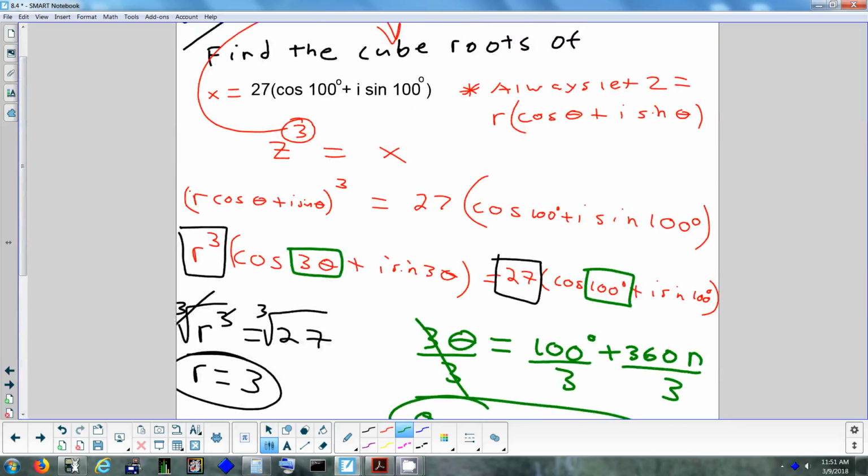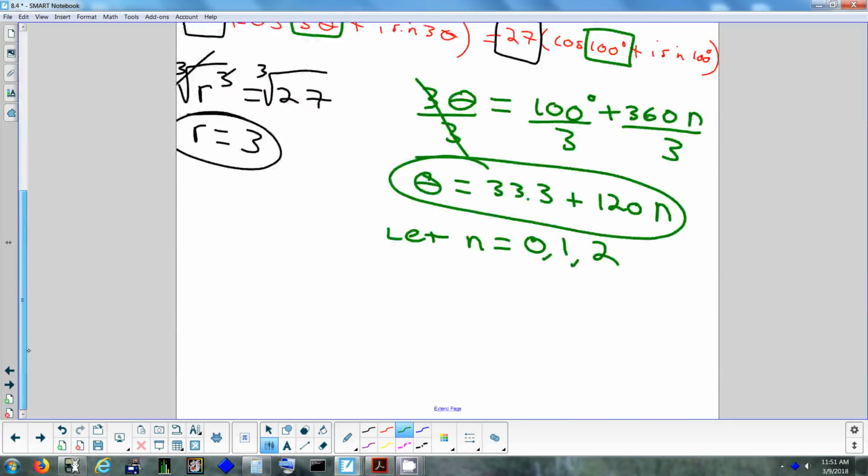So, we're going to write our 3 answers. They're all going to be in trig form. We're not going to write them in standard form. You start with r in the front. R is going to be the same in every answer. The radius is 3. It's always 3. Then I like to fill out all this stuff.